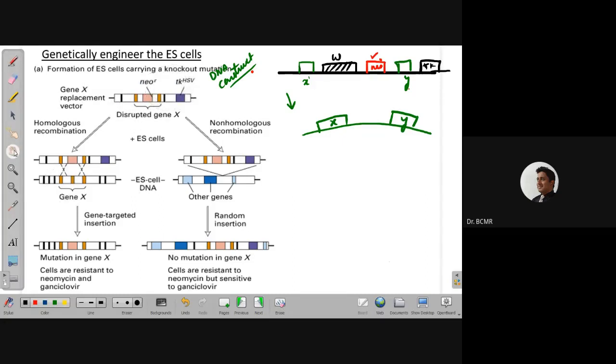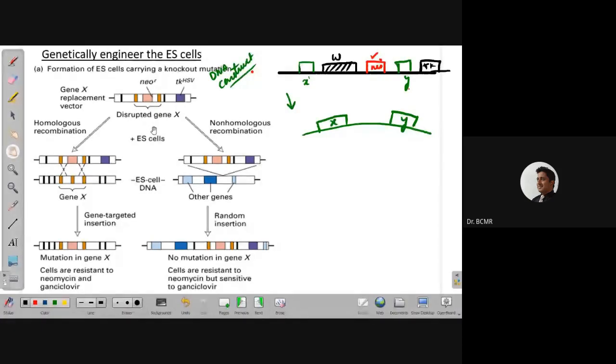So try to follow with me, and keep these things in mind, because when you are supposed to answer, you will have to do it in this way. So we made a DNA construct. It has the gene of interest. We have the regions of homology for targeted integration. And then we also have thymidine kinase here, a kinase gene.